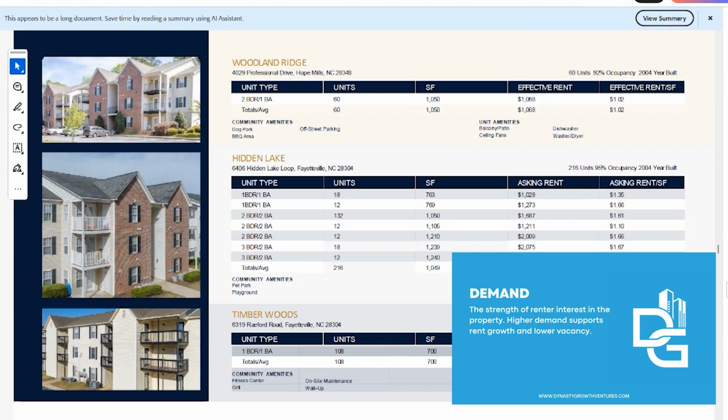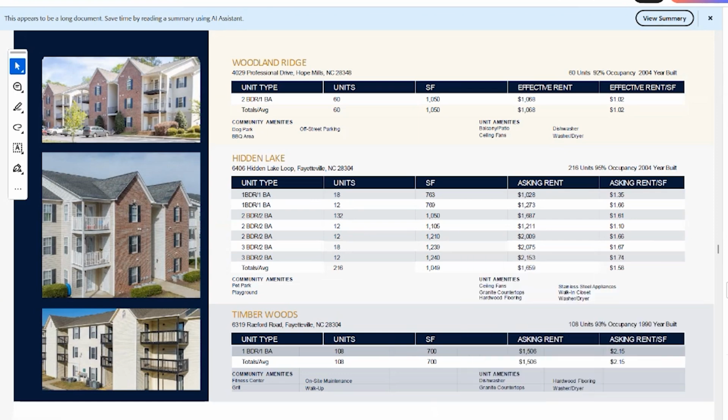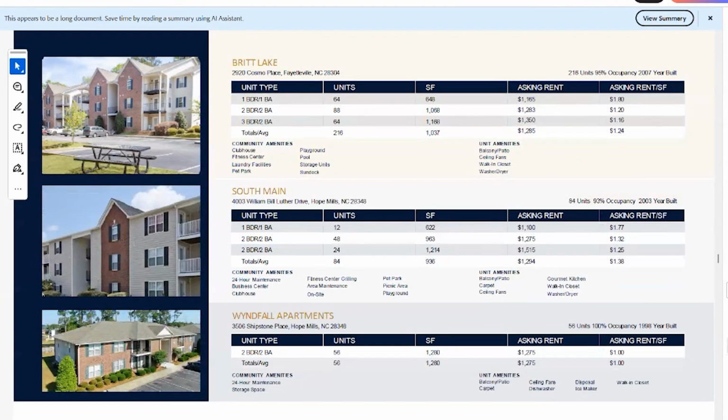If our market is mostly families, nobody's going to want a studio. So that's why the unit type is very important. Balconies, balconies, balconies. So yeah, pretty comparable complexes here. Some of these places have fitness centers and we don't. So we can ask about that. What other amenities are we looking to add to compete with the competition and justify rent growth?